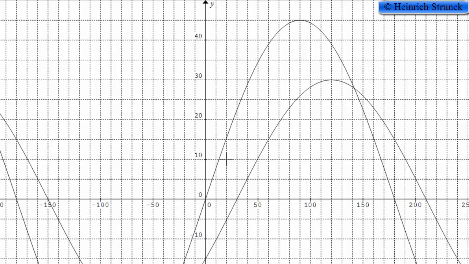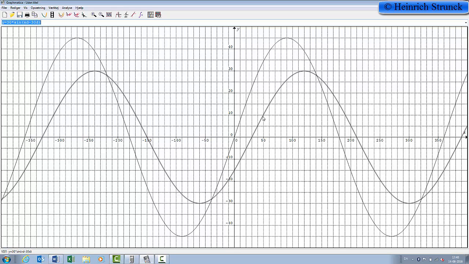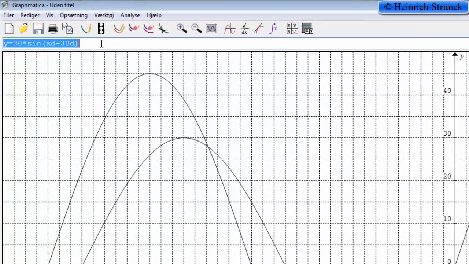So let's see. We have selected the curve with 30 volts.